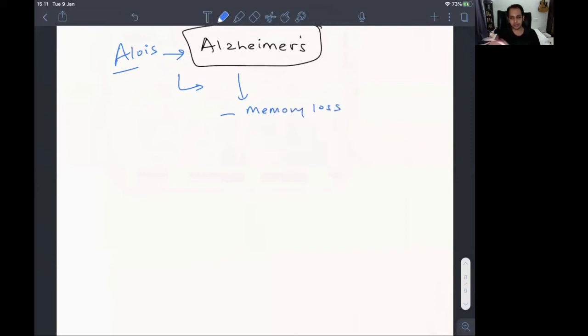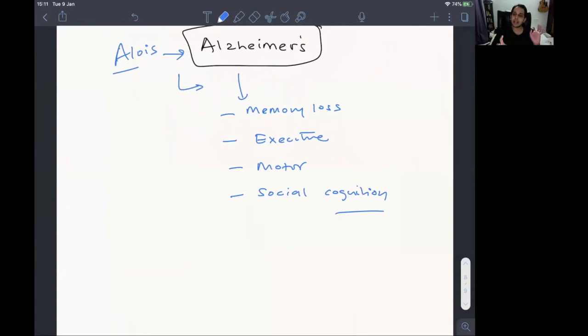Now, of course, we know a little bit more. We realize that it's not just memory loss. There is also executive dysfunction. And later on, there is also motor deficit and social cognition is lost. So eventually, this is one of the key things about dementia. It doesn't really matter where it starts from, but eventually after 2 years, 10 years, all other domains are involved.